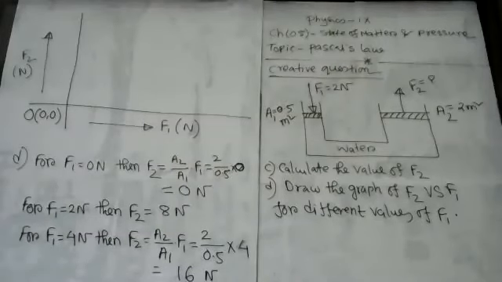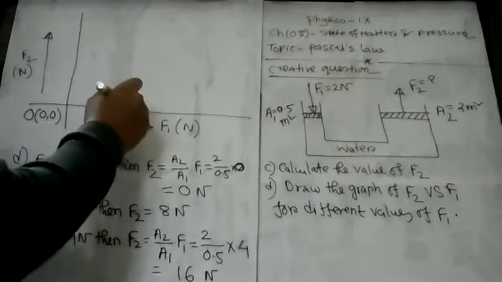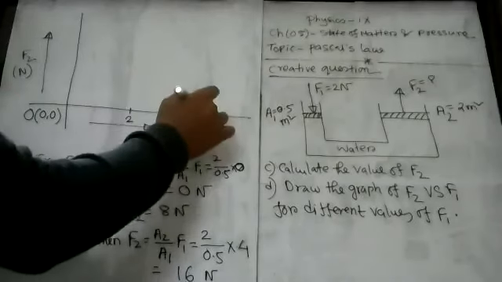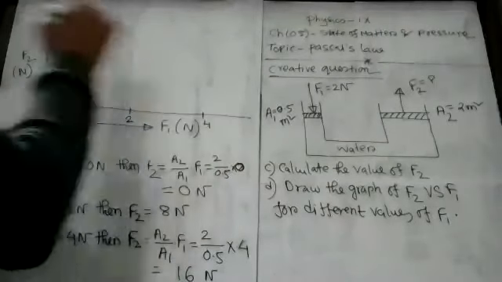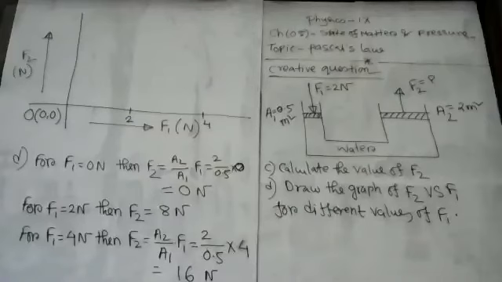The values of F1 are 0, 2, 4, just 3 points. So here this is 2 and this is 4, because there are only 3 points, 0, 2, 4. The second point is 2 Newton and the third point is 4 Newton.